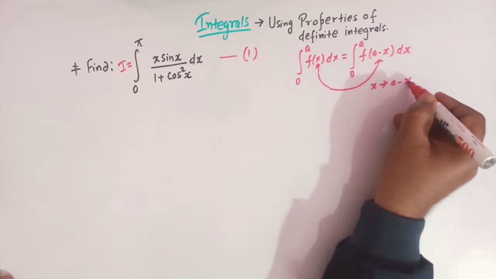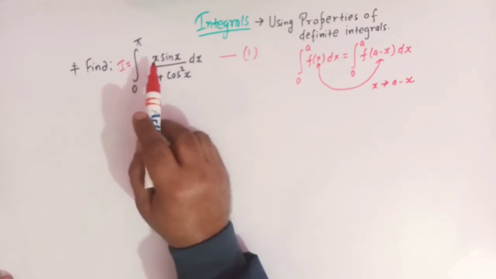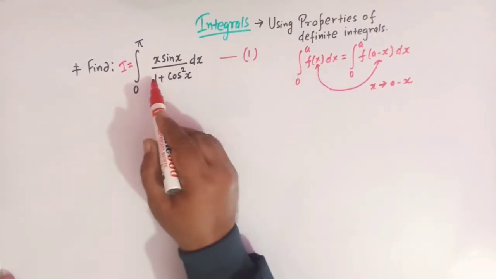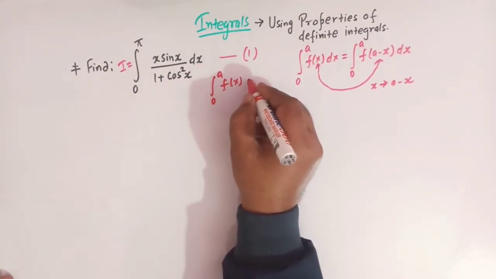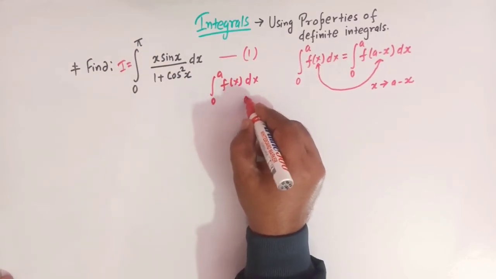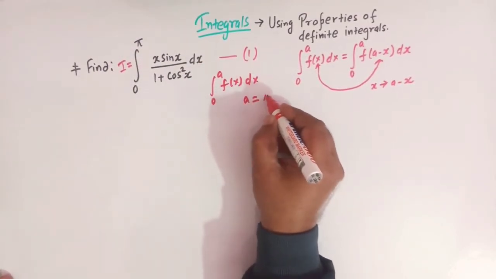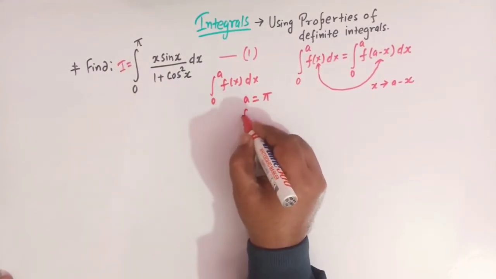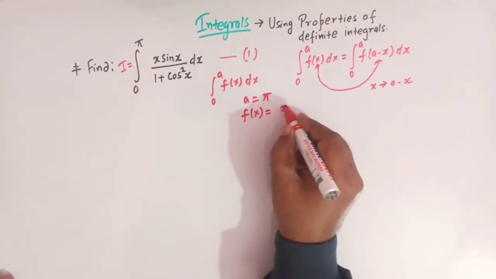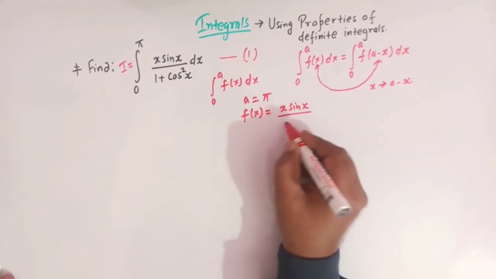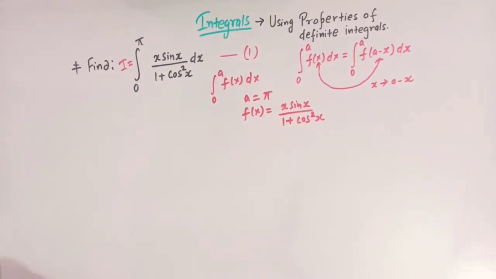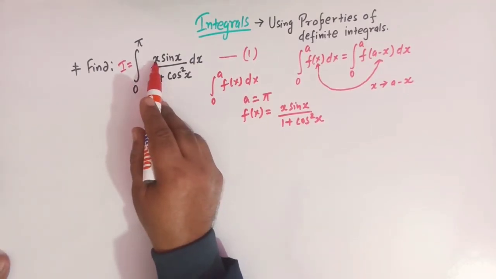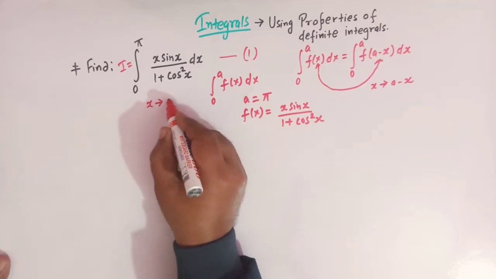If we compare this integral with the integral from 0 to a of f of x dx, then we see that the upper limit a is pi, and the integrand f of x is x sine x divided by 1 plus cosine square x. So now we will replace x by a minus x.